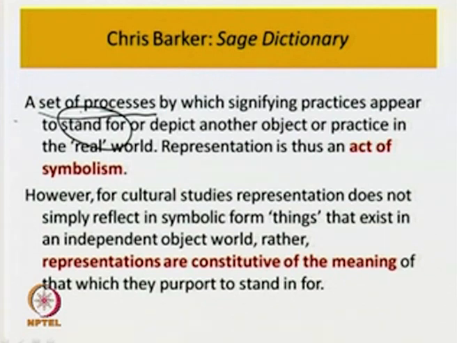In that sense, as Barker says, representation is an act of symbolism. Why? Because the moment you begin to represent something, any object, any cultural practice, etc., you take recourse to certain symbols, and those symbols usually are in the form of a language. So, this is one definition of representation.